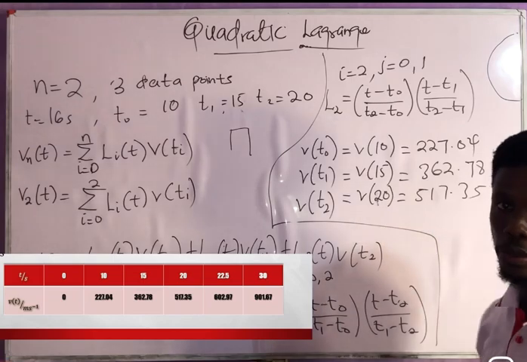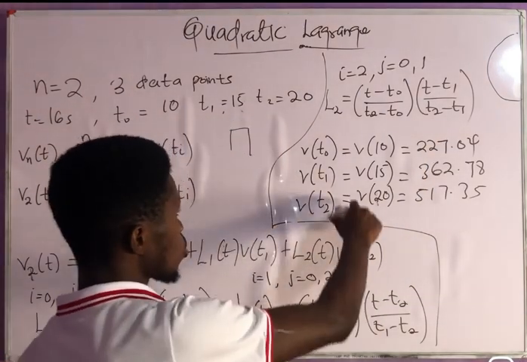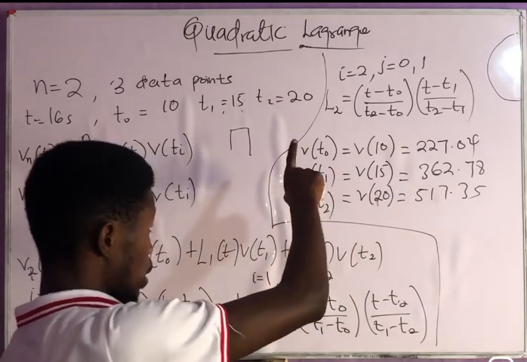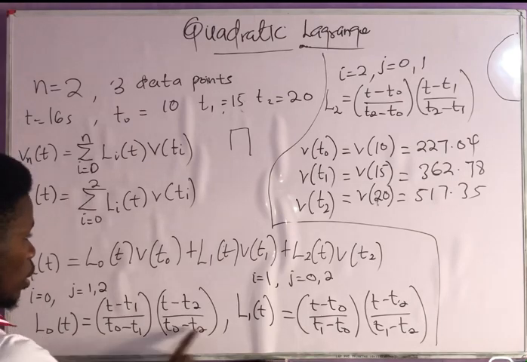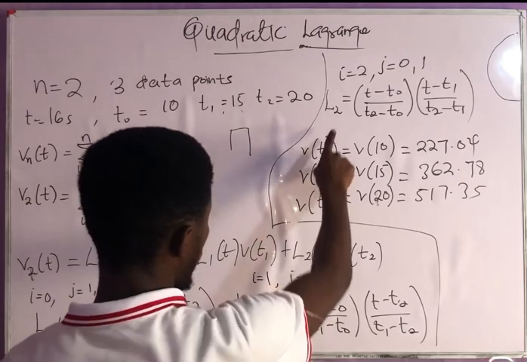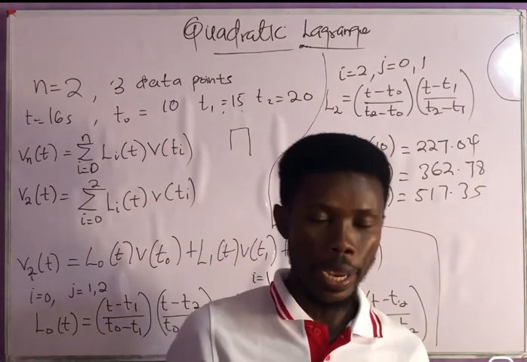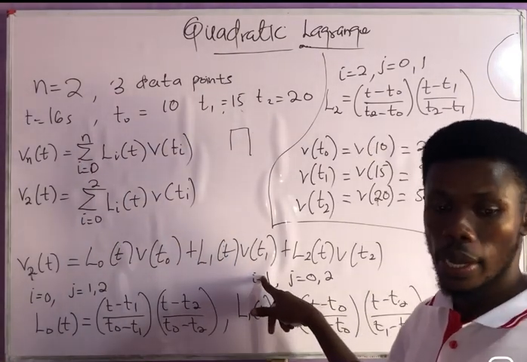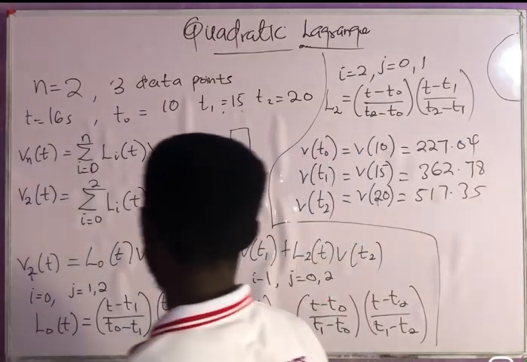So this is what we have. Take note of these: the v values, the t0, t1, and t2, and also take note of L0, L1, and L2. I'm only going to substitute them into the formula. Simple as that. Is that okay?